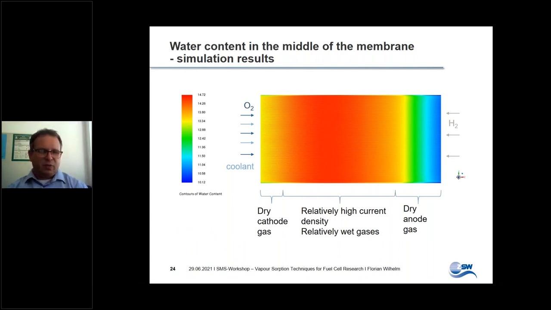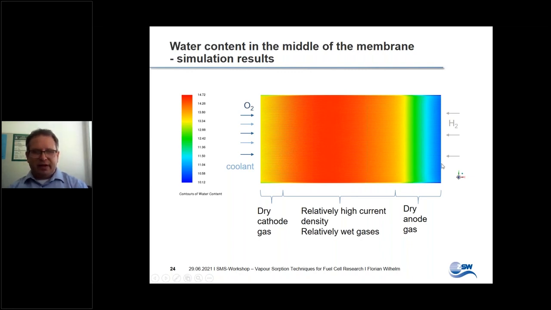Here you can see the water content in the membrane. That is this parameter lambda, ranging from values, let's say, from 10 to 14 roughly, as you can see in the scale bar. And as you can easily see, in the middle of the cell we find the highest values of lambda. This corresponds to a relatively high current density and wet gases at a time.